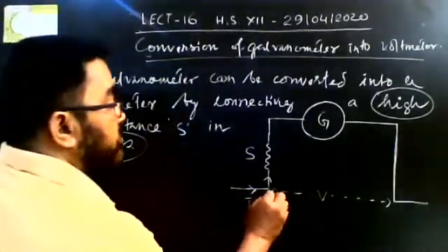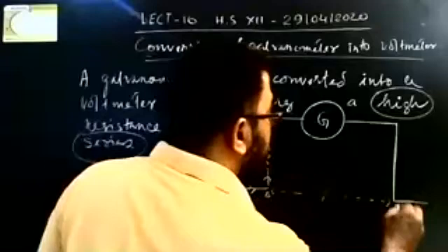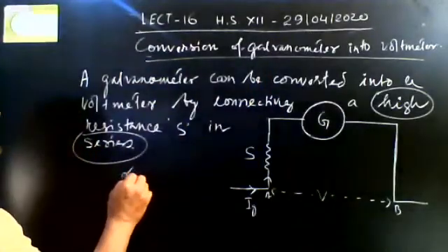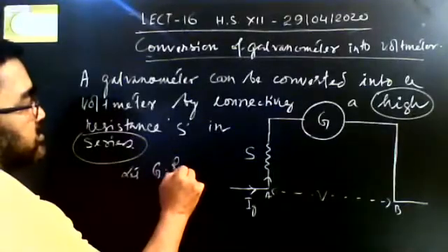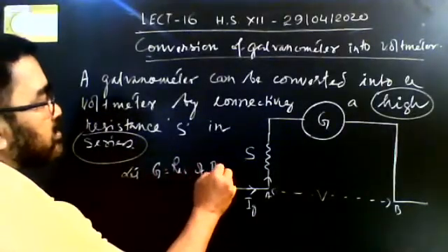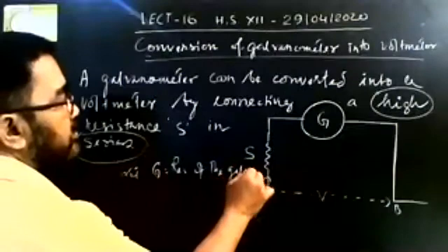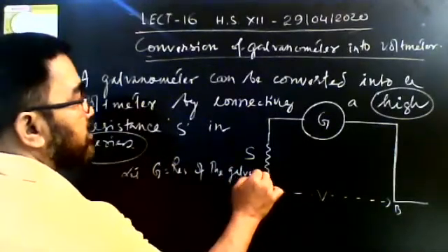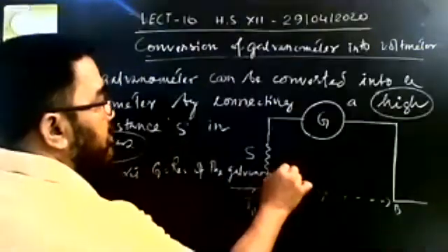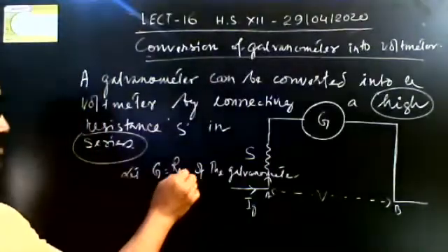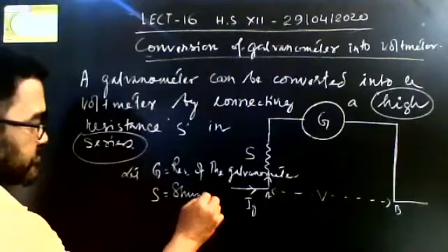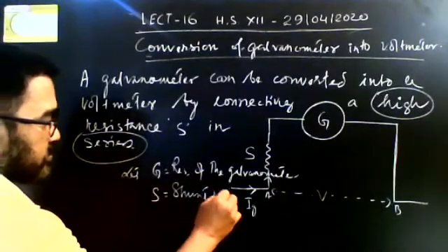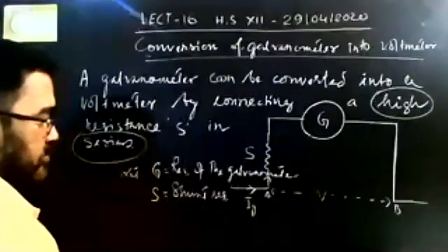Say this point is A and this point is B. Let G be the resistance of the galvanometer. S is the shunt resistance, having a high value.